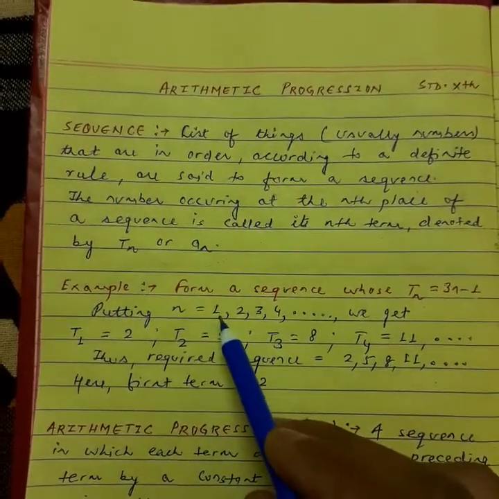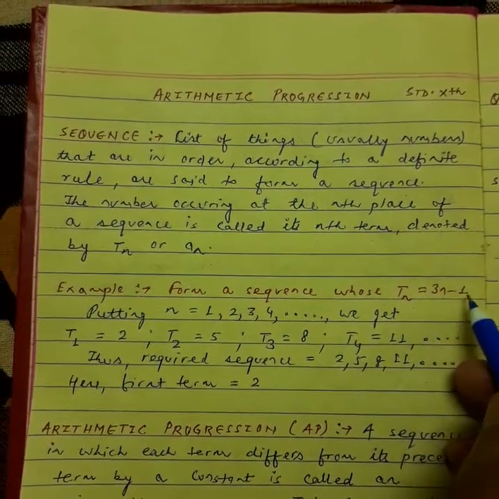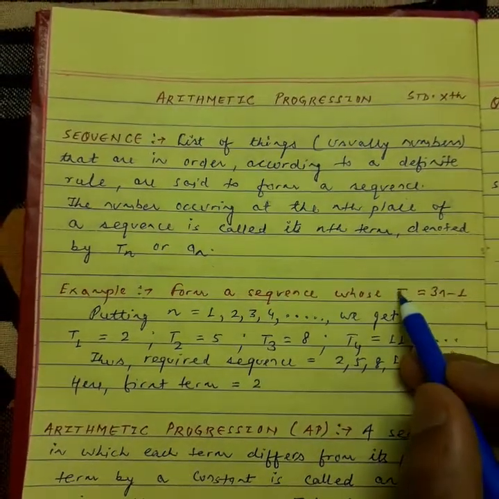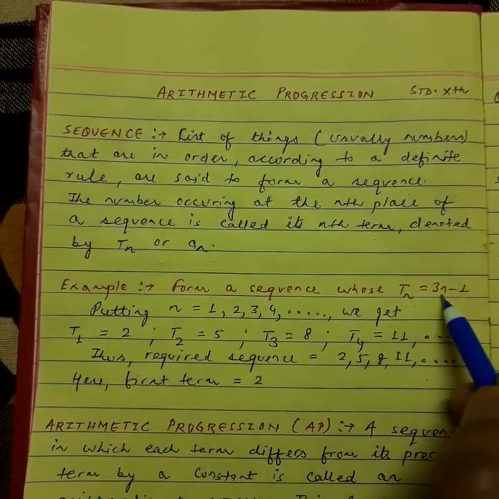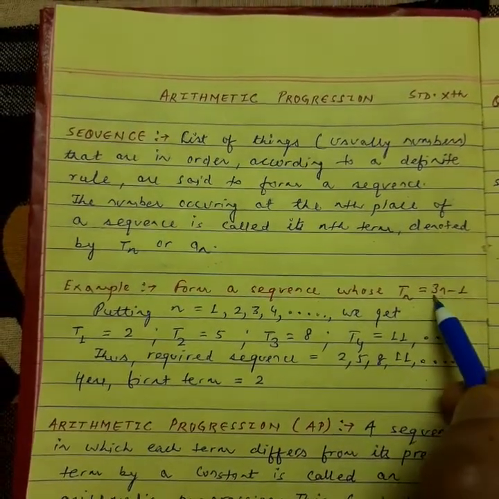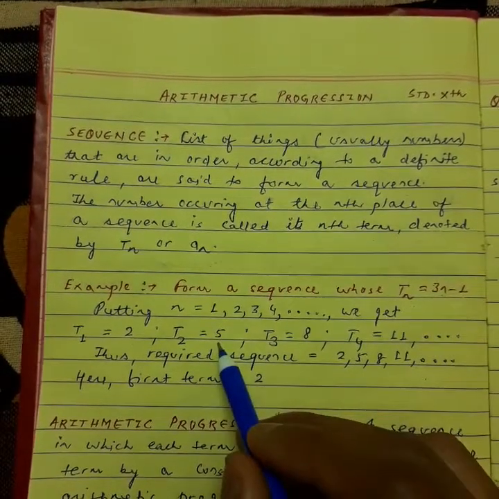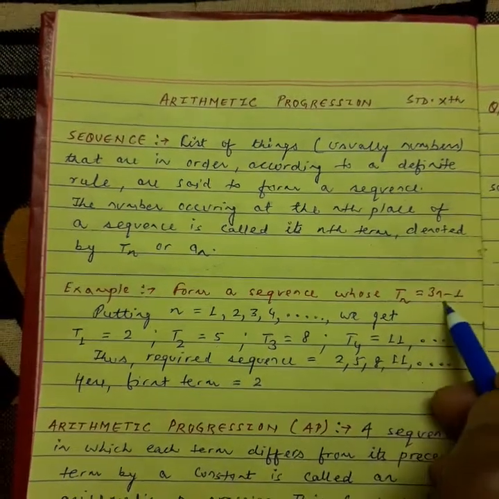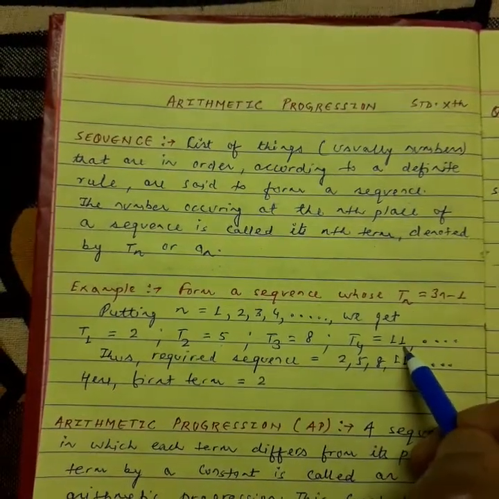If I place 1 in place of n, we get 3 into 1 minus 1, that will be 2. So term 1 is 2. Similarly, if I place 2, 2 into 3 is 6, minus 1, term 2 is 5. Similarly, term 3 will be 8 and term 4 will be 11.